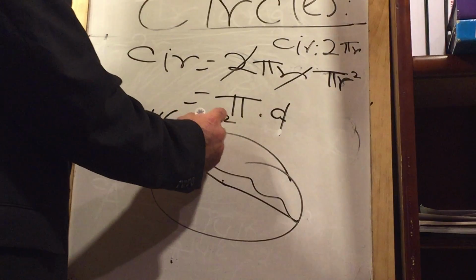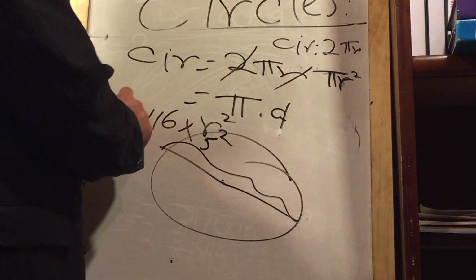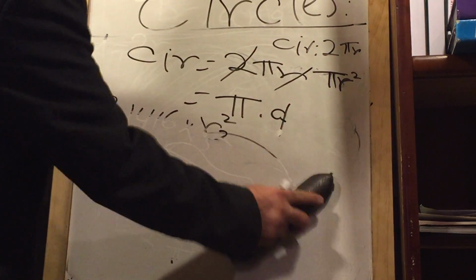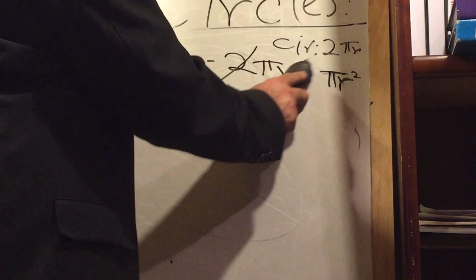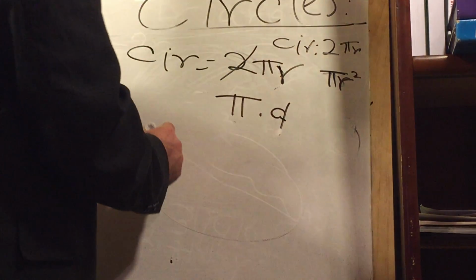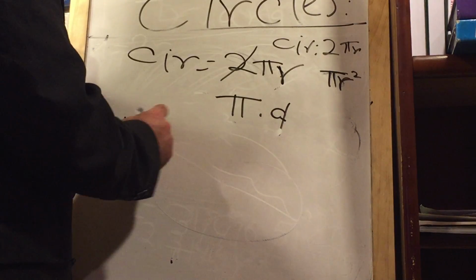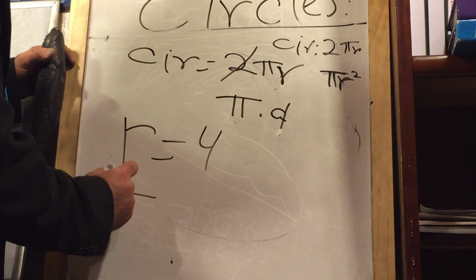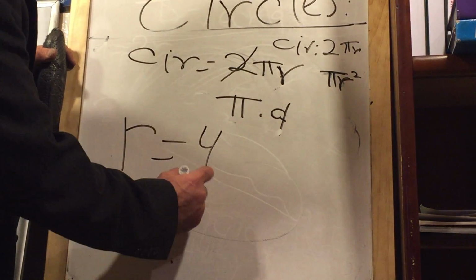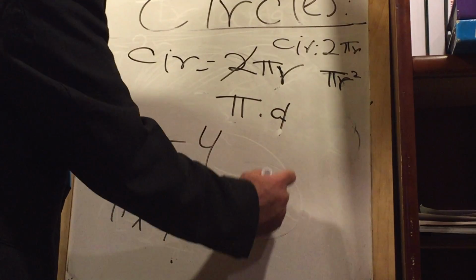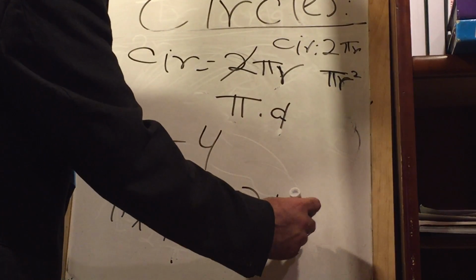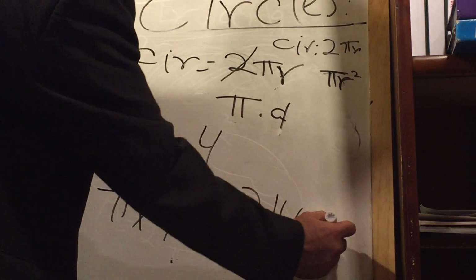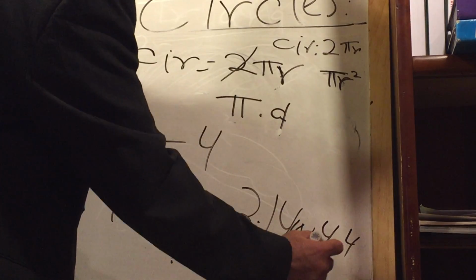If r is 5, then it's 5 squared, 3.1416 times 5 squared. If r equals 4, the area is pi times 4 squared, which is 3.14 times 16, 4 times 4 is 16, and so on.